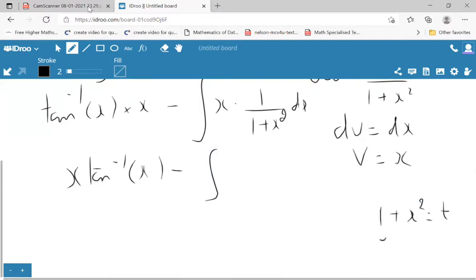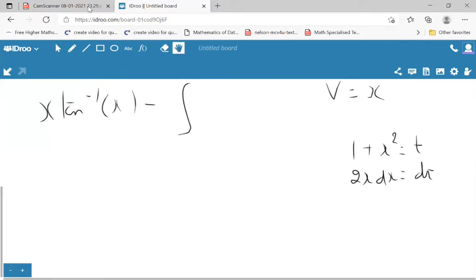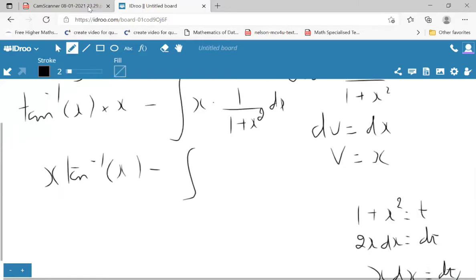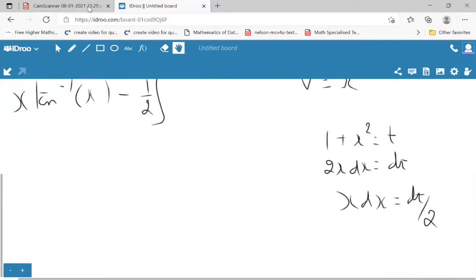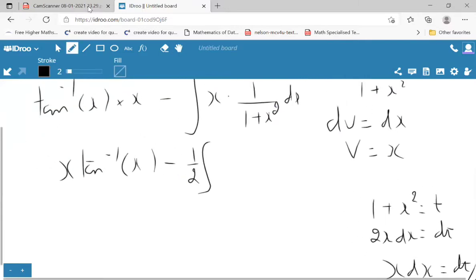That will give me 2x dx is equal to dt, or x dx is equal to dt by 2. So 1 by 2, let me take outside, dt by t.